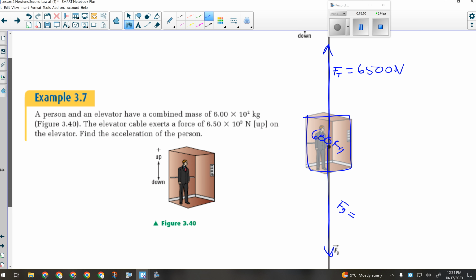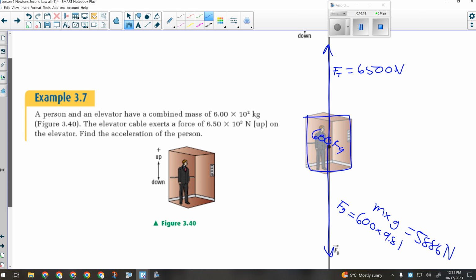That's how we calculate weight, or the force of gravity, because what we're really calculating is the weight of the elevator. So if I go 600 times 9.81, what I'm really doing is m times g. And that should be 5886 newtons.